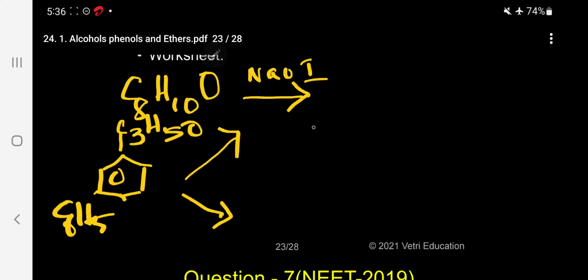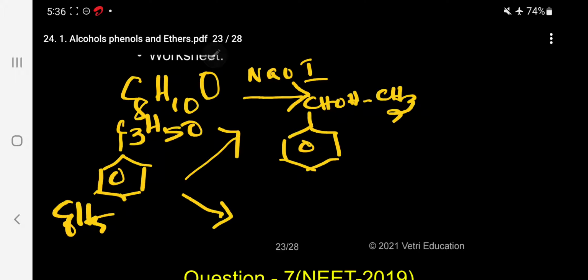What are the 2 possibilities? One is CH(OH)CH3. Since C6 is already given, the remaining is 2 carbon atoms, C2H5O, so I am writing CH(OH)CH3. The other possibility, instead of this alcohol, is the isomeric ether form.